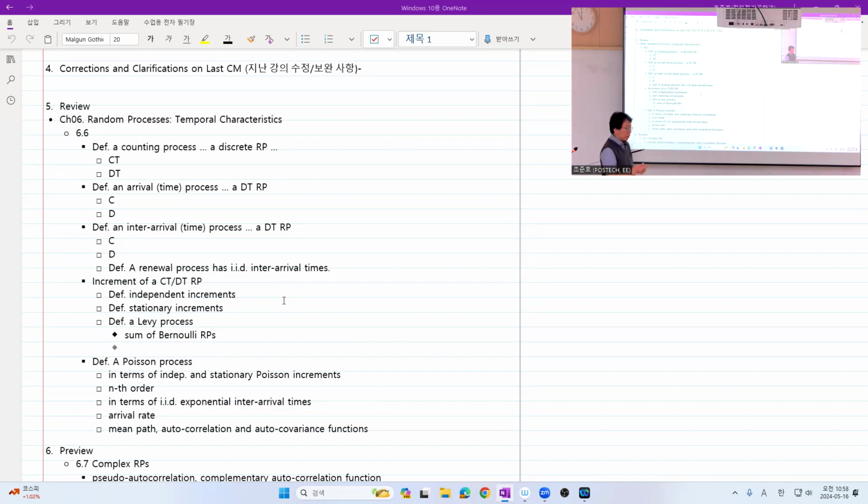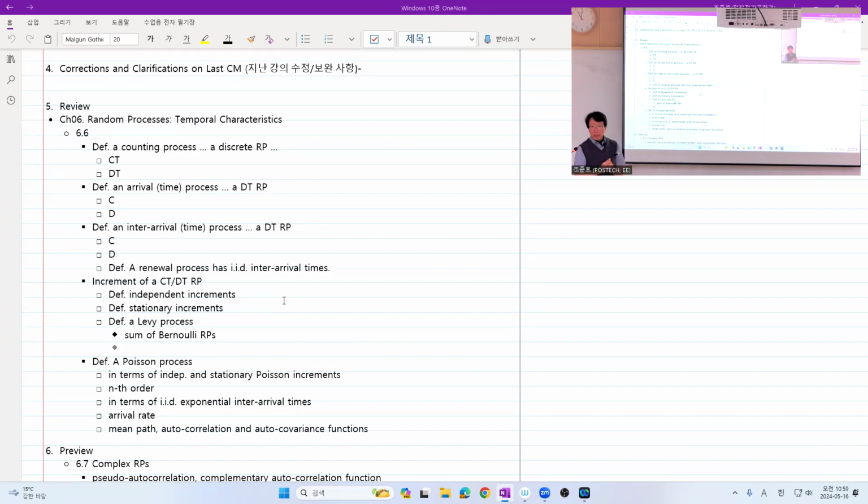The first one was the definition of a counting process, which can sometimes be called an arrival process. The number at a certain time instant is the total number of arrivals, or counts, up to that time instant. It could be a discrete time or a continuous time random process.